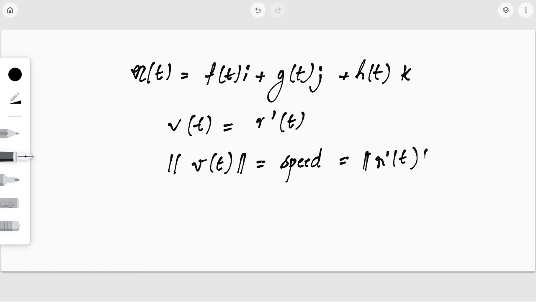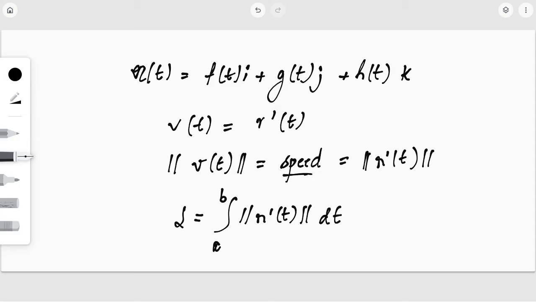Now we are going to give a relation between speed and the arc length. Let us recall the definition of arc length. The arc length of any vector function is s equal to the integral from a to b of the magnitude of r dash of t dt.